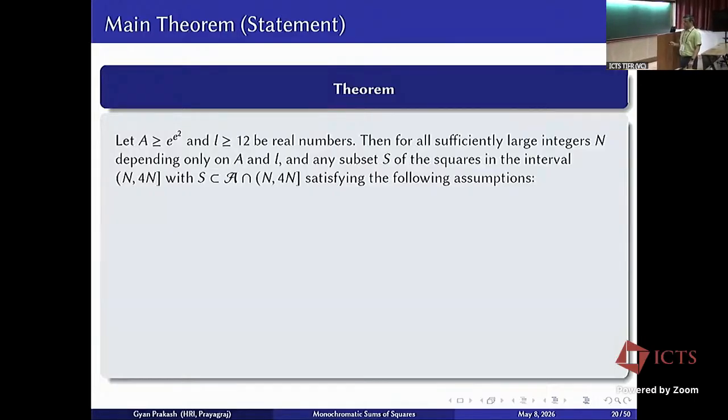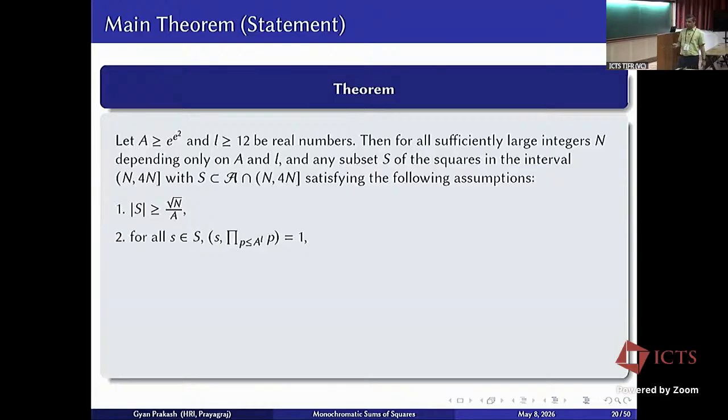First, the set of squares in this interval is of size square root of n, so the set should not be too few; there should be square root of n by A many. Moreover, for all s belonging to S, the product of its prime factors P is less than or equal to A to the power L. In our case we can take L equal to 12.